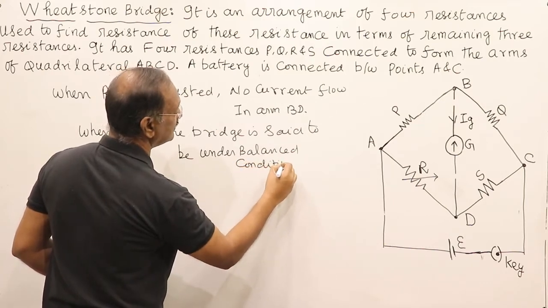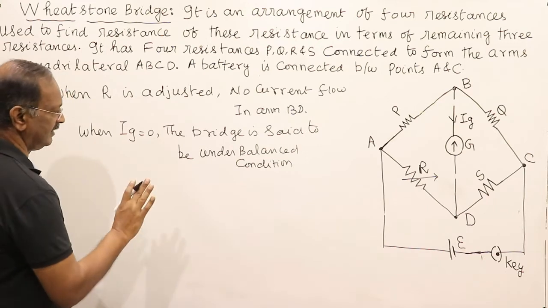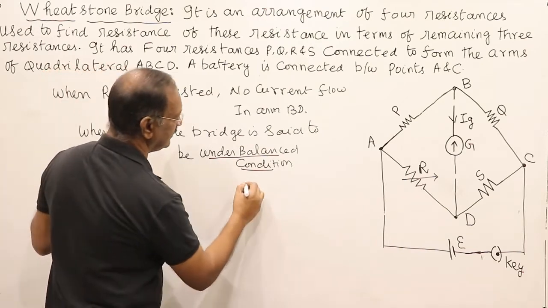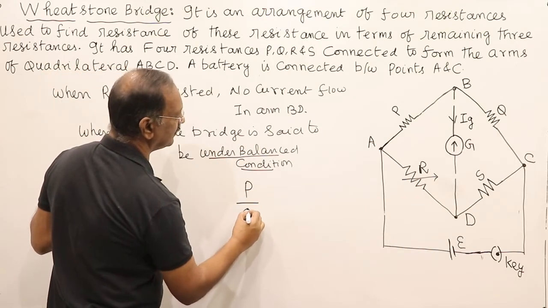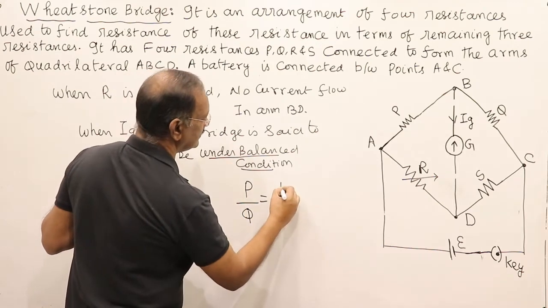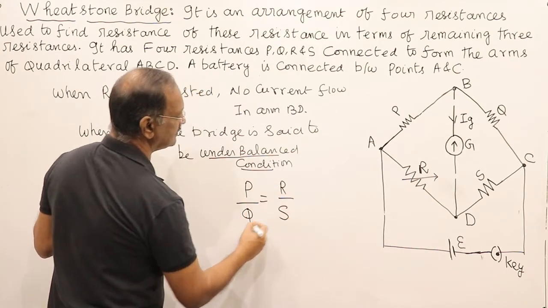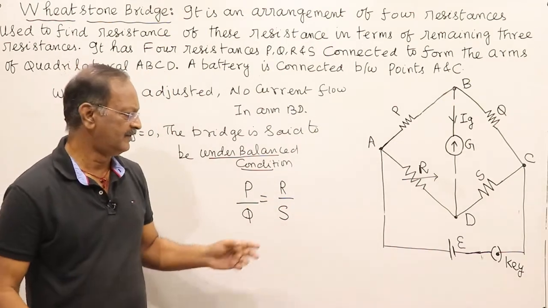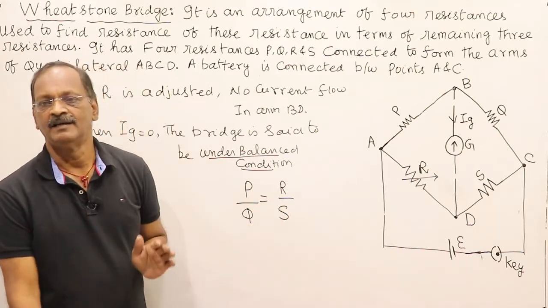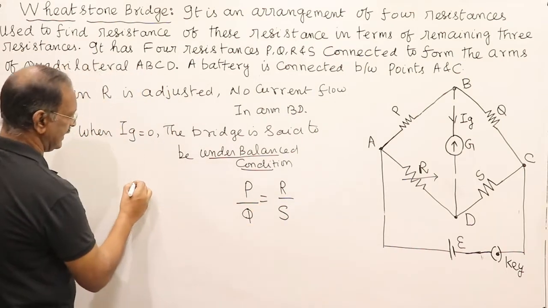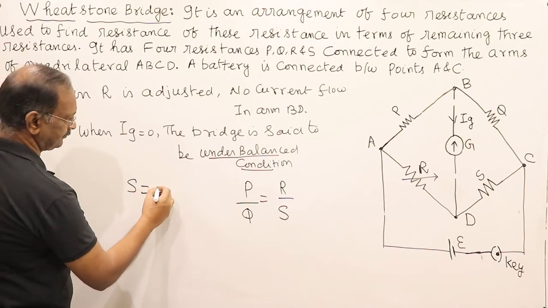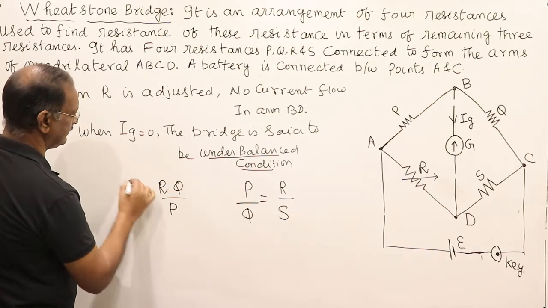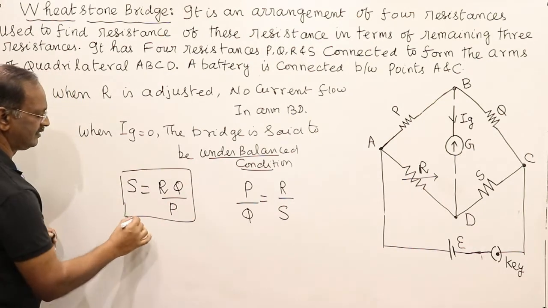When it is in balanced condition, the given condition is the resistance P divided by Q is equal to resistance R divided by resistance S. Since P, Q, R are known values, by knowing P, Q, R, we can calculate S. How can we calculate S? S is equal to R into Q divided by P. This is the value of the unknown resistance.